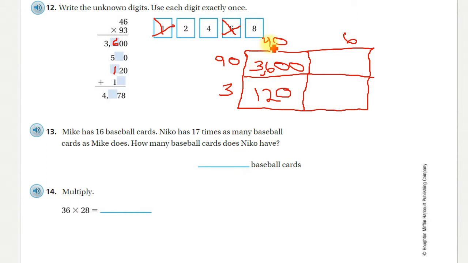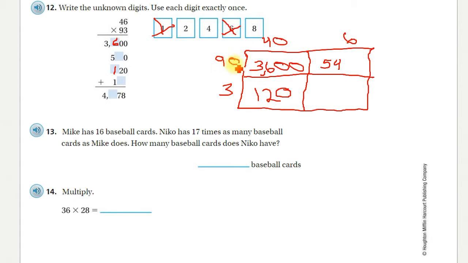Okay. Now once you've done 40 times both of these numbers, now you're done with the 40. So you move on to the 6. And now I have to do the same thing. I have to multiply the 6 times the 90, and then I have to do the 6 times the 3. So 6 times 90 first. Again, I can use mental math. 6 times 9, that's 54.